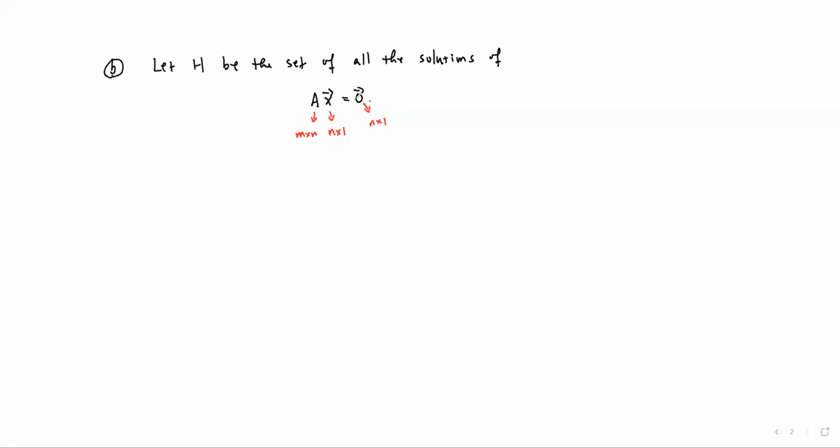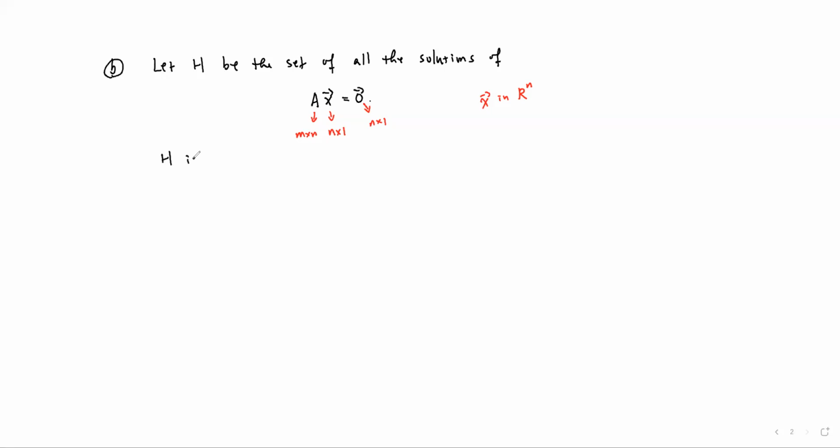So a solution of this linear system is a vector in R^n, not in R^m. Each solution is a vector in R^n. H is the set of all the solutions together, so H is a set in R^n.